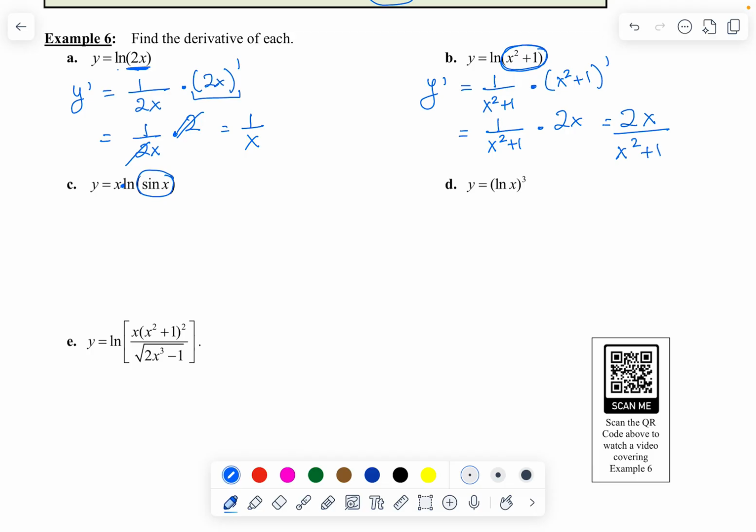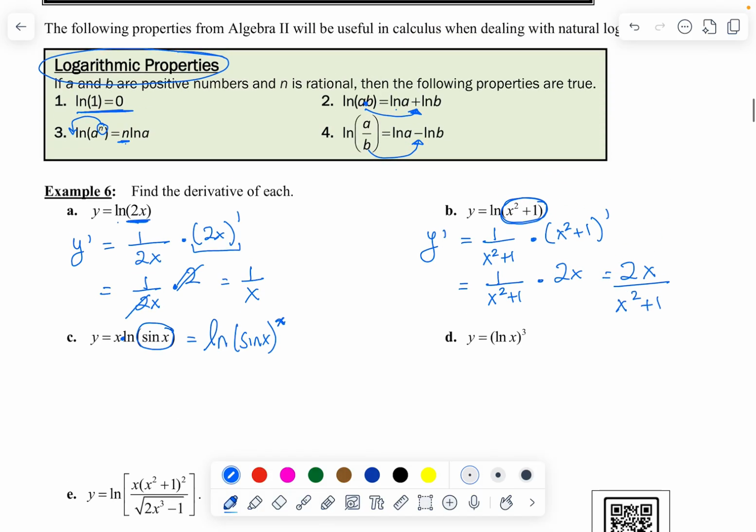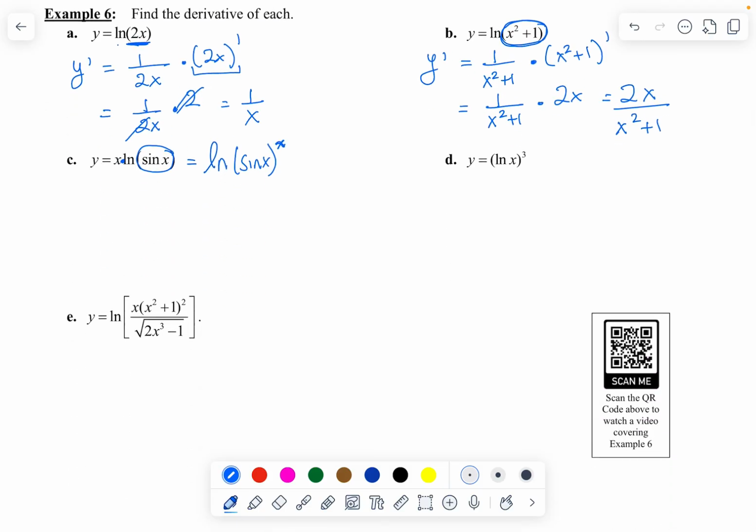Or actually, because this is ln, I can do a rewrite and make it so much easier on me where I'm only using chain rule by doing ln of sine of x, and all of that is going to be raised to x. So let me do my little rewrite.